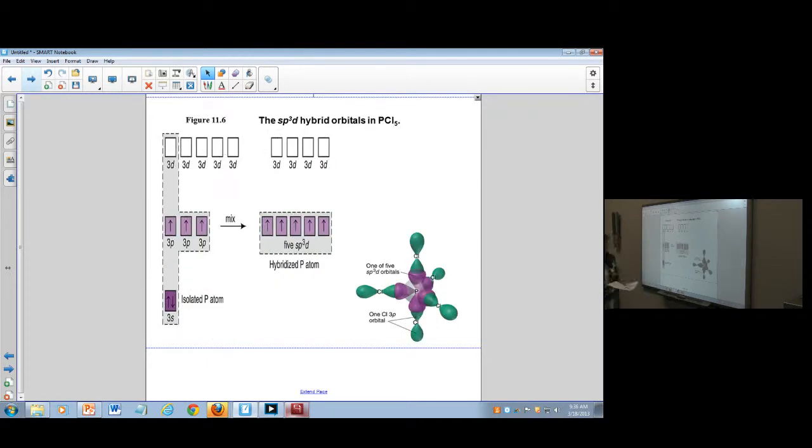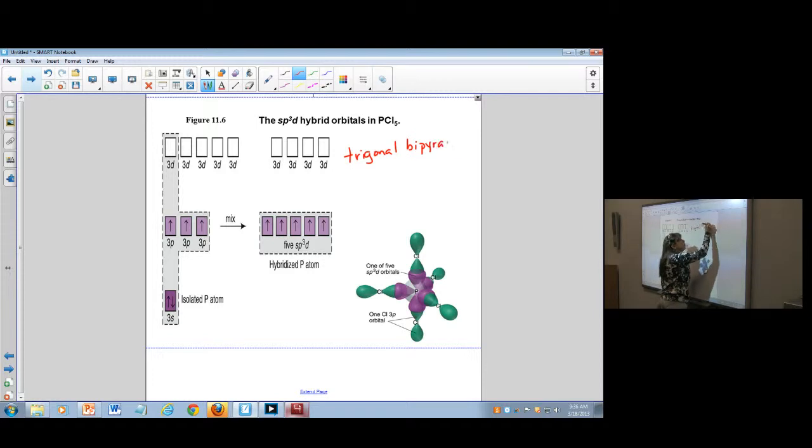All right, let's look at a trigonal bipyramid shape, or molecular geometry, because it has 5 areas of density, right? There's PCl5.